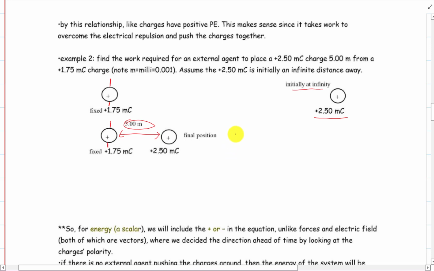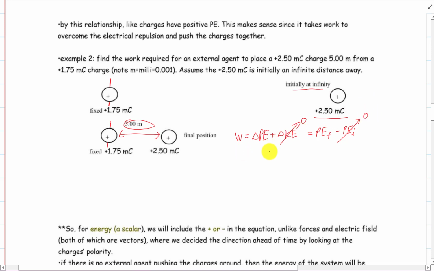So the work is going to be the change in potential energy plus the change in kinetic energy. We're at a constant speed, so that's 0. And that's going to be potential energy final minus potential energy initial. And that is 0 because we're starting at infinity.